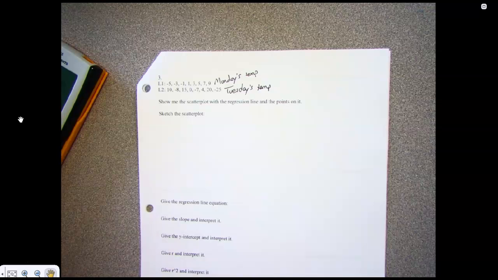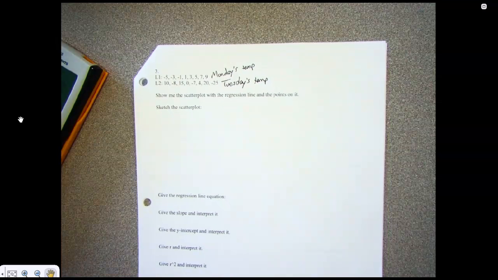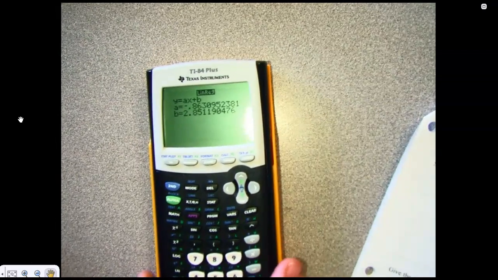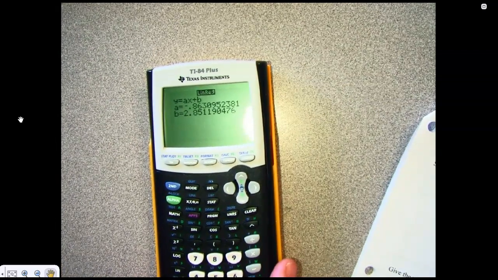What? Tuesday's Michigan? This is all Michigan. It's -5 on Monday and then 10 on Tuesday. Could someone confirm that they got the same numbers as me before I start writing something?